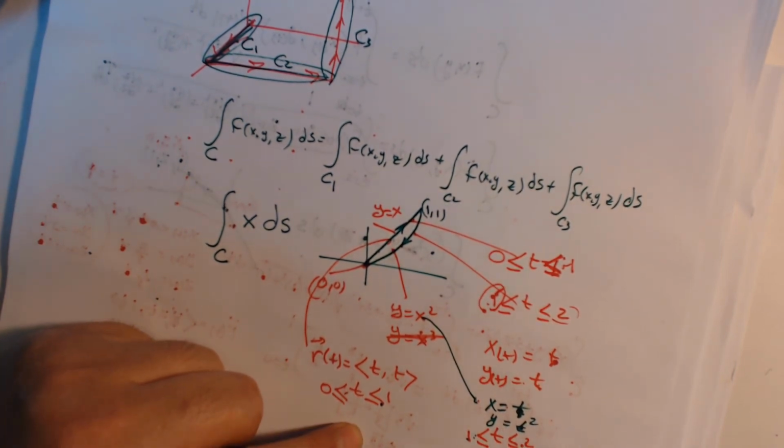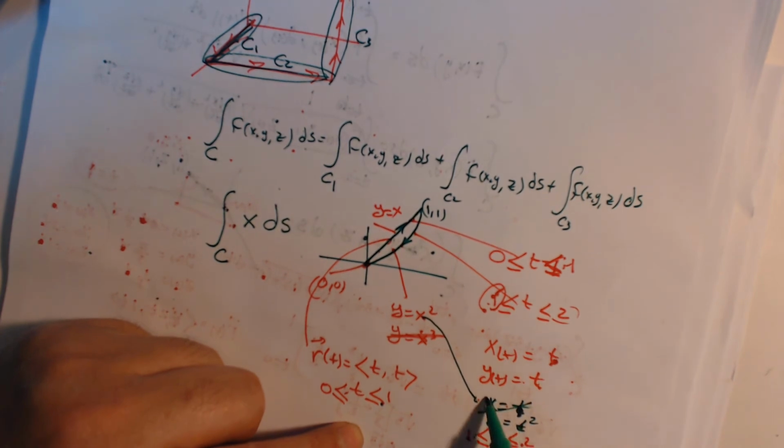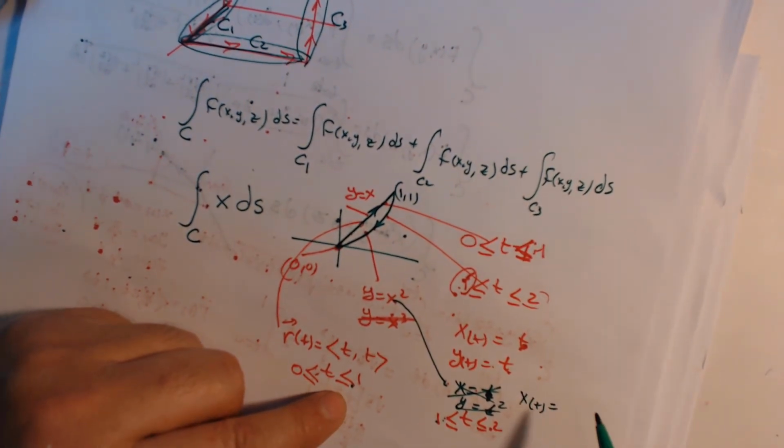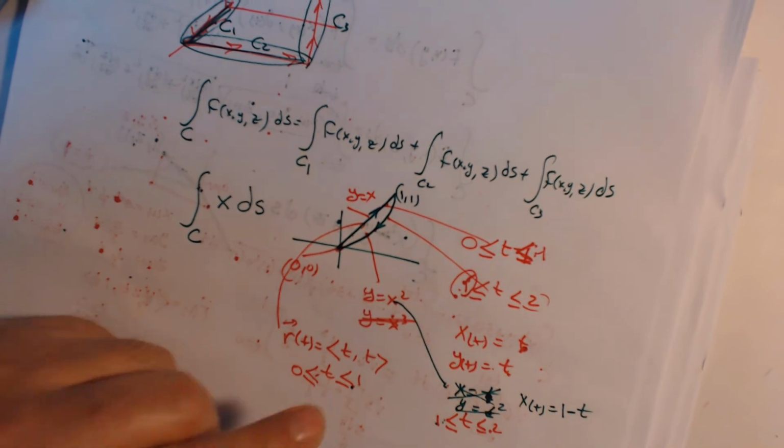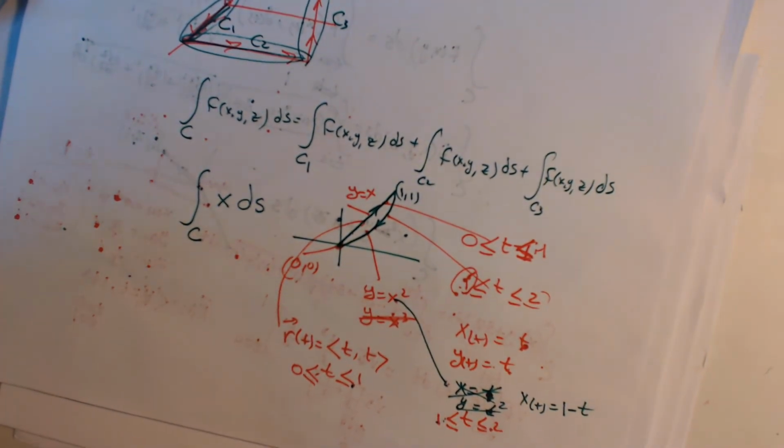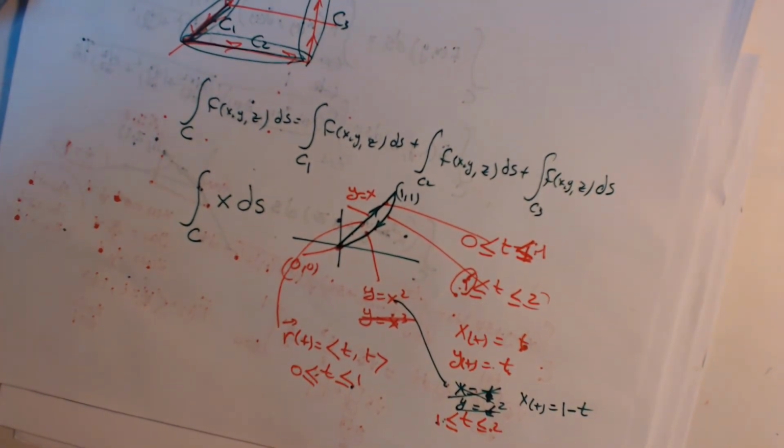Maybe I need to start thinking about that. Maybe I need to go in here and say, okay, maybe I have already used 1 minute of my time and said I put x of t equal to 1 minus t. Okay, 1 minus t.